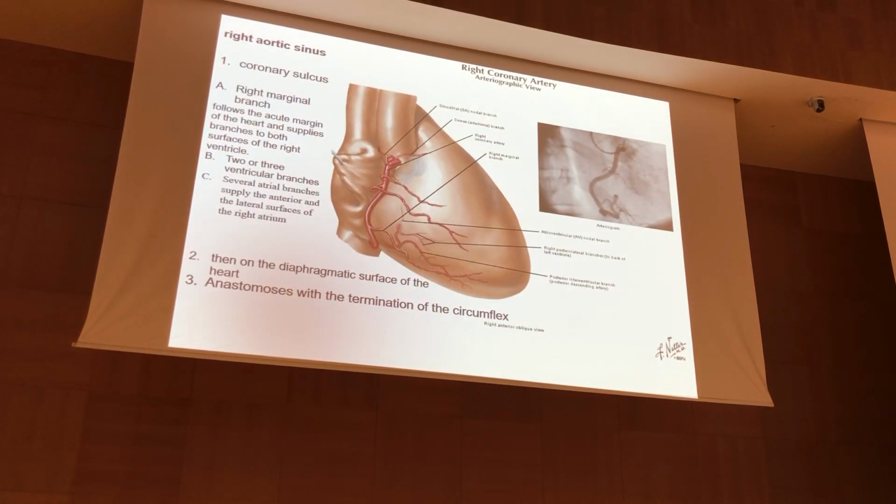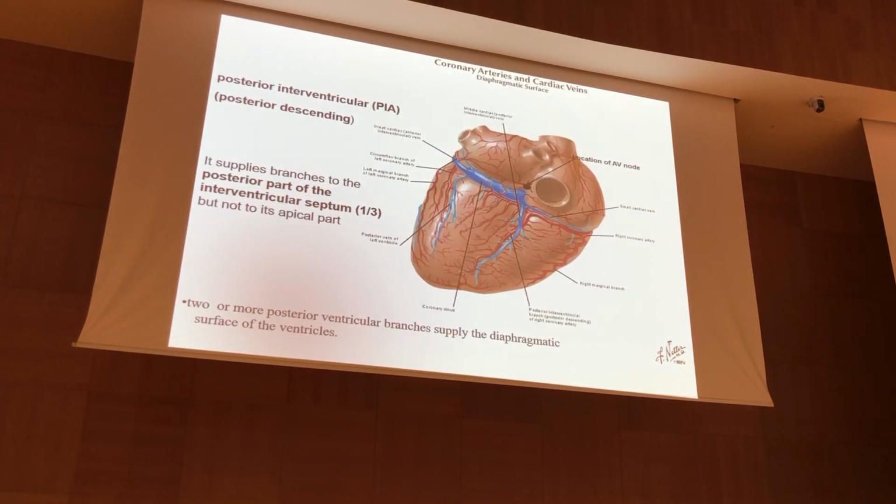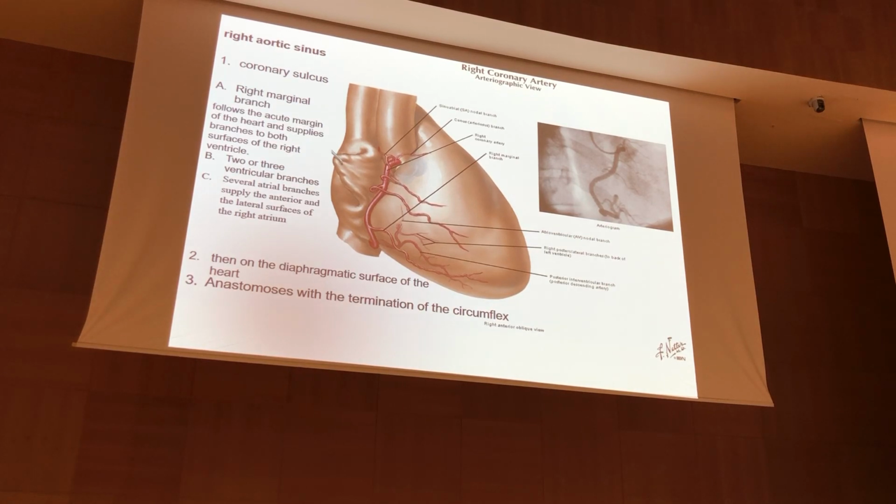Now the second artery is the right coronary artery. Right coronary artery is going to emerge from behind the right cusp of the aortic valve or the aortic sinus, and it's going to run into the coronary sulcus. Again, while running, it's going to give us arteries to the right atrium, and it's going to give us arteries to the right ventricle, and it's going to wind around the heart in the coronary sulcus.